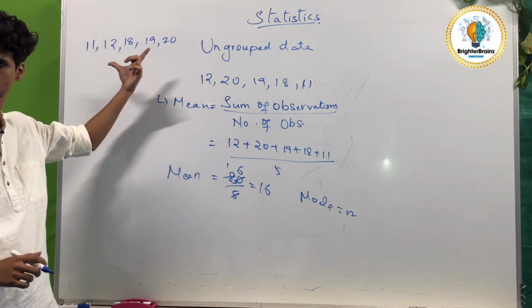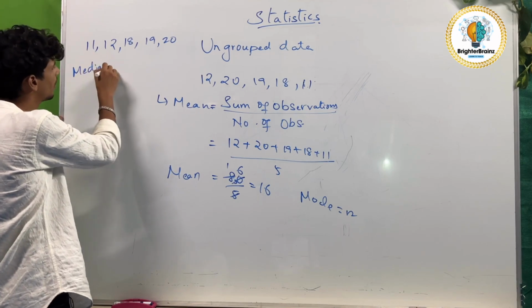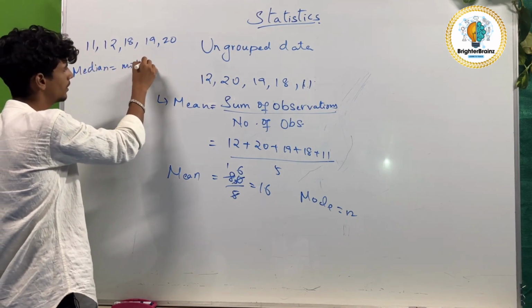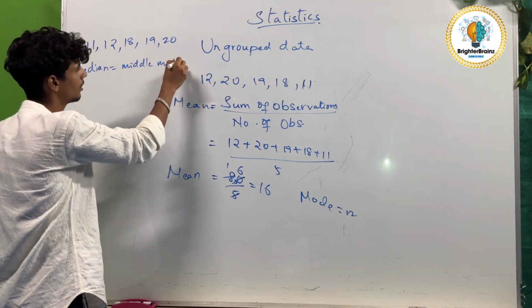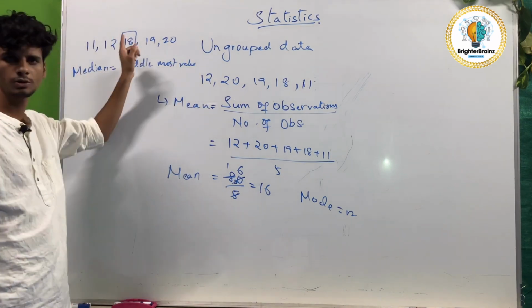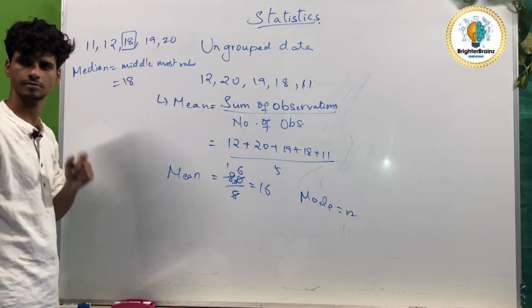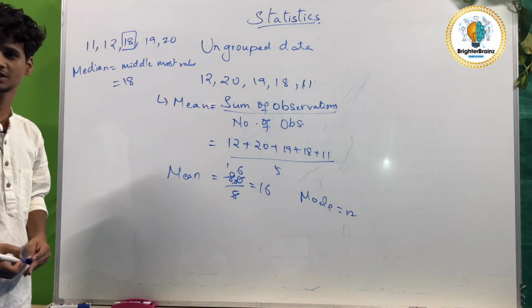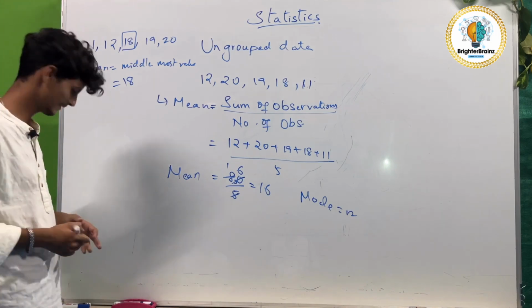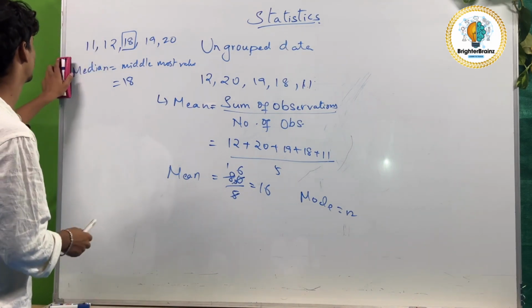After sorting, the median will be the middlemost value. The middlemost value of this ungrouped data is 18. So the median will be 18. Jersey number 18, is it? Whose jersey number is it? Virat Kohli. Okay, good.